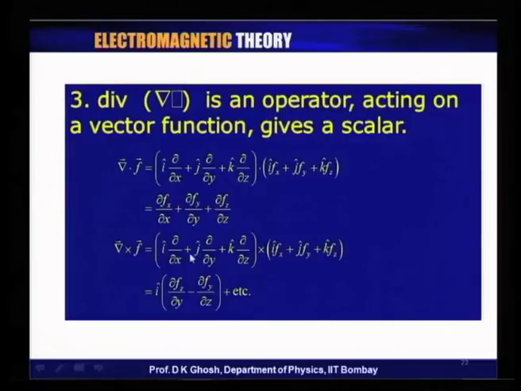Let these unit vectors take the cross product: i cross i is 0, i cross j is k, i cross k is minus j, like this, and let the differential operator then act on the respective function that is coming in, and you get the expression for the curl.